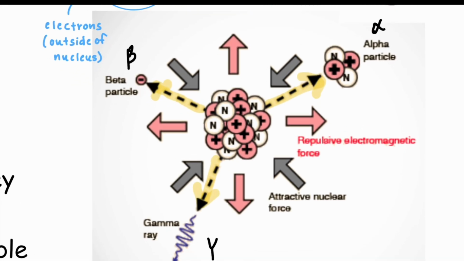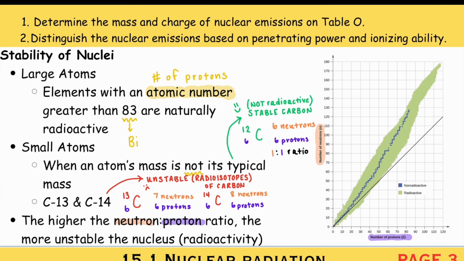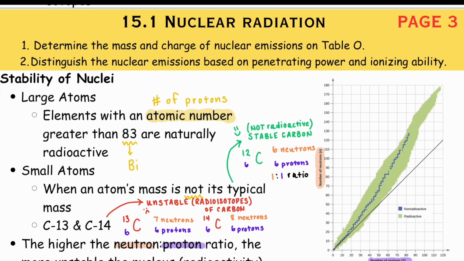In this picture here, it's showing a few different examples: an alpha particle, a beta particle, and a gamma ray. There are a few more that we'll talk about. But the purpose of this unstable radioactive nucleus in releasing these different kinds of emissions is so that it eventually can become more stable.